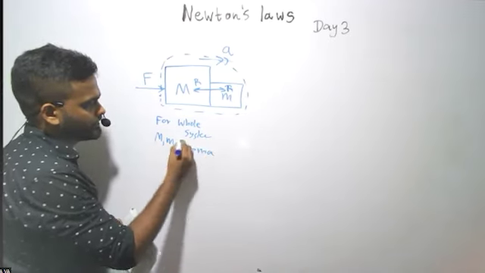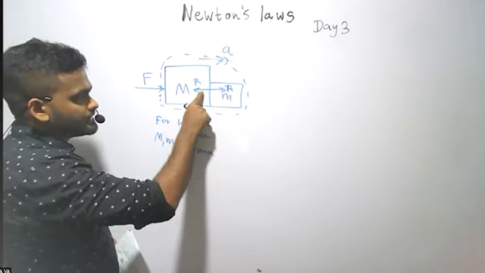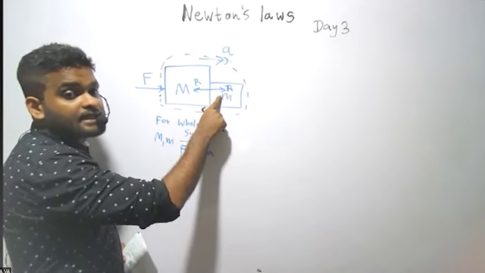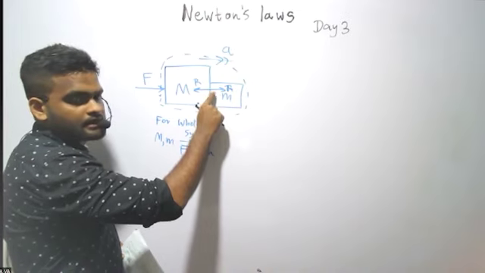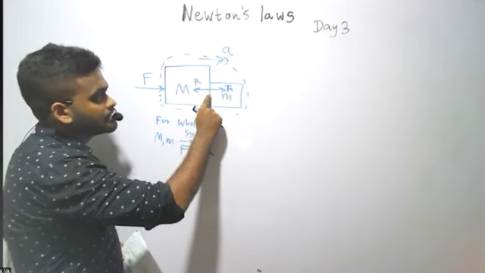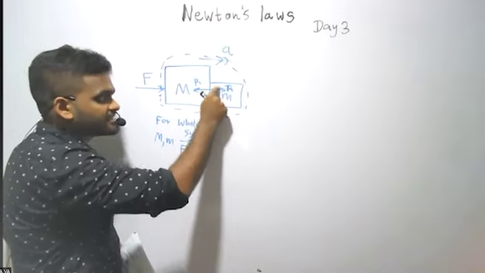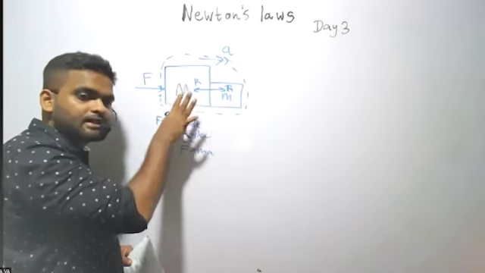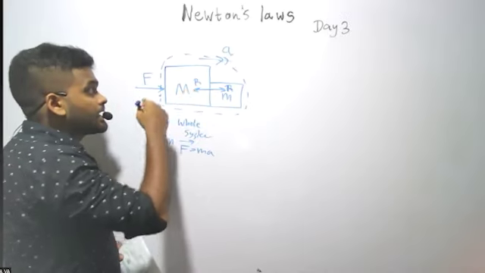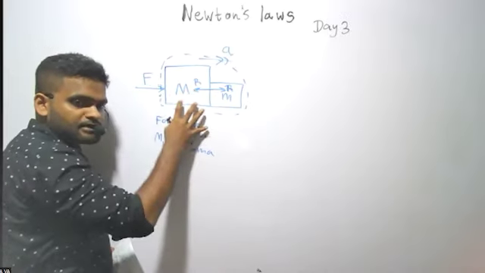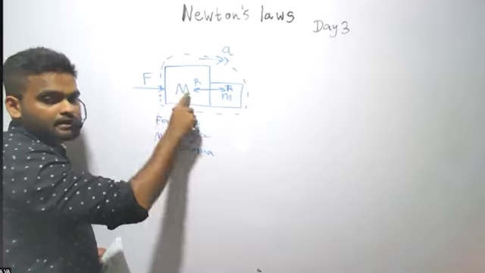Okay. These two forces become internal forces. Get it? These are action reaction forces. When you consider the whole thing, these two become internal forces. They cancel off. All the time internal forces cancel off. Then the only external force on the system is capital F to this side.